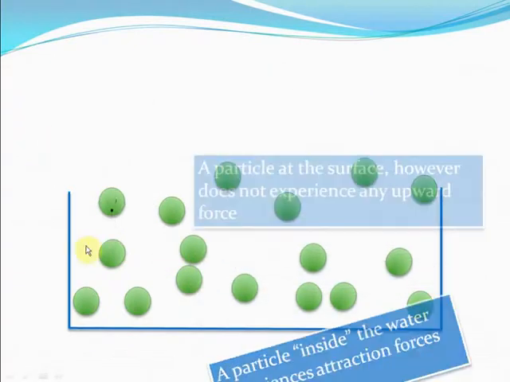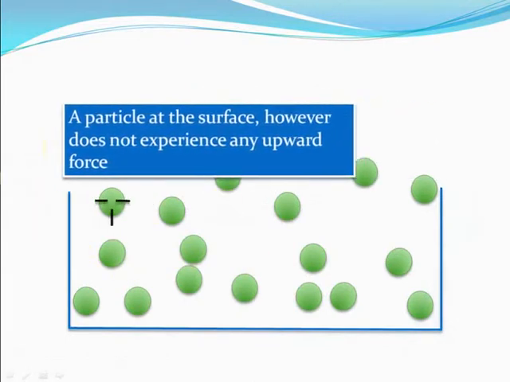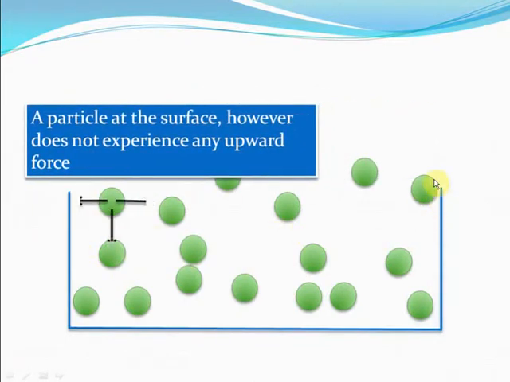However, if you look at the particle on the surface, the particle on the surface does not experience any force upwards, isn't it? It experiences a force from this particle here, downwards, but there is no upward force, because the surface is free, and therefore you can say that the particles at the surface have relatively more freedom compared to the particles inside the liquid, the particles in the bulk.